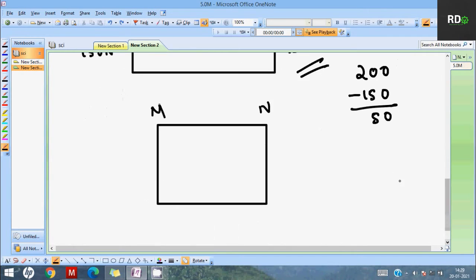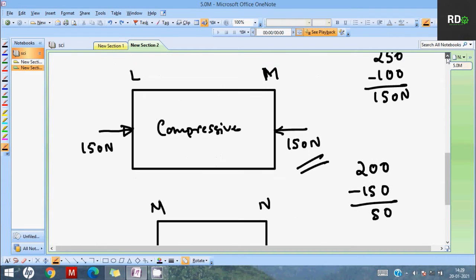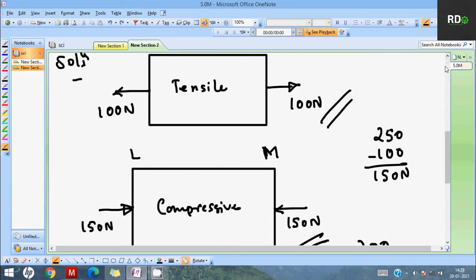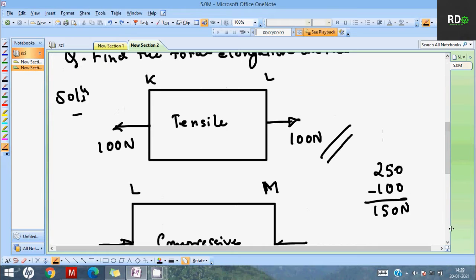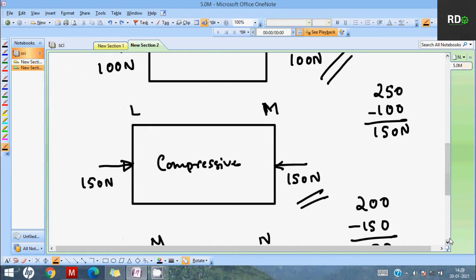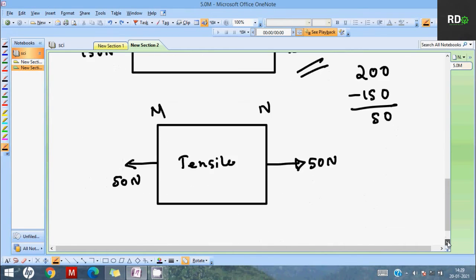The force has to be balanced, and it is already given as 50 Newton in this direction. Seeing it, you can easily say it is tensile in nature. So we have balanced the forces in each segment: the first segment KL is tensile, LM is compressive, and MN is again tensile.